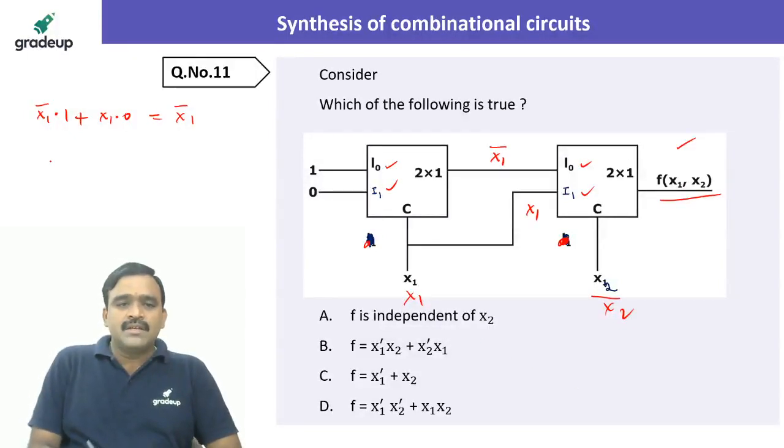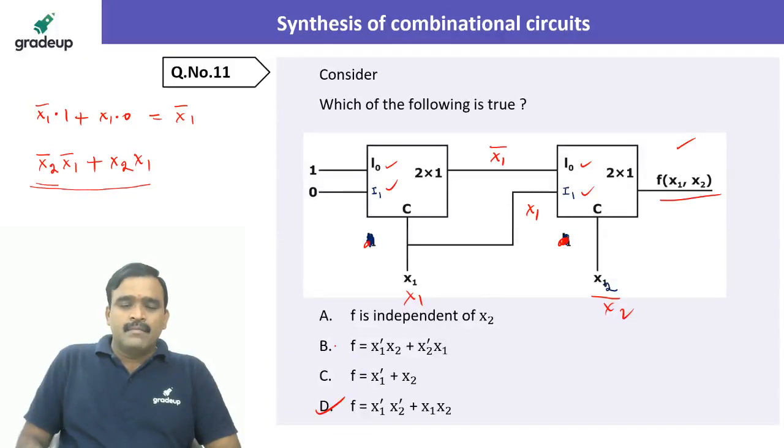If x2 value is equal to 0, that is x2 bar, the output is equal to the first input, that is x1 bar. Plus, if x2 value is 1, that is x2, the output is equal to the second input, which is x1. So what did we get now? x2 bar x1 bar plus x2 x1. This is equivalent to option D, because AB can be written as BA. x2 bar x1 bar or x1 bar x2 bar both are the same. So option D is the right option.